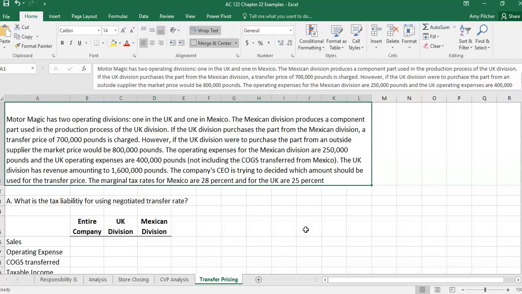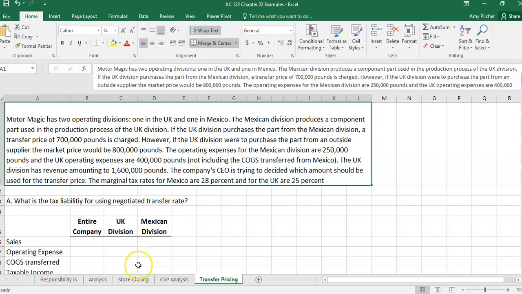We can either have a negotiated transfer price that all managers have agreed upon, or we can use the market rate for a transfer price. We can also use a cost plus rate for transfer costing, where we take cost plus a markup percentage.